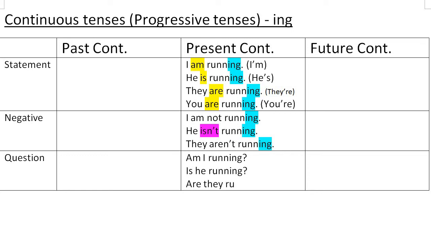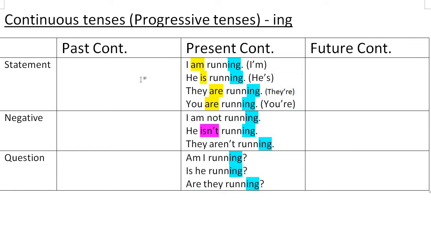Are they running? So your ing stays throughout, and this one is basically the same. You're just switching around the auxiliary verb and the subject, which then comes after that. And of course, you add your question mark. All right, so that is pretty much present continuous tense. Am, is, are, ing.